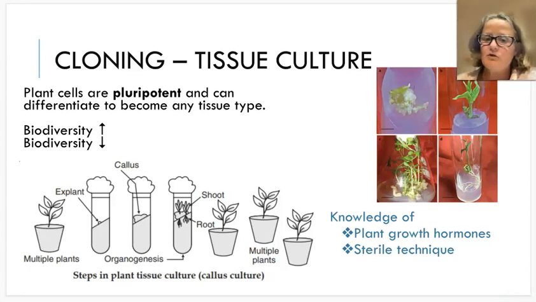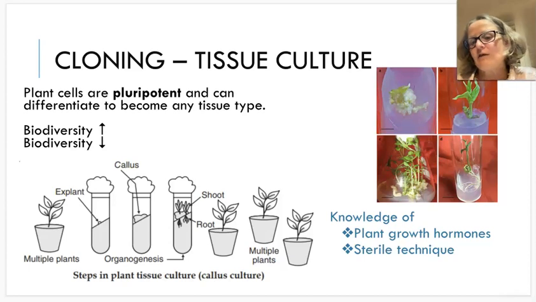However, if you're growing crops and you're just growing one type of crop, like for example cauliflowers, you're obviously going to create a monocrop because they're all genetically the same, therefore that would decrease biodiversity. So depending on what you're trying to grow, you could have both effects.